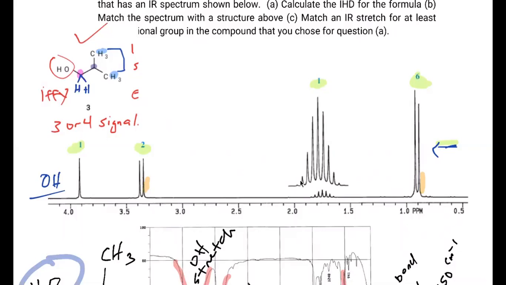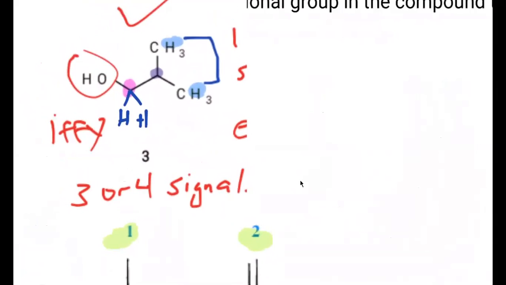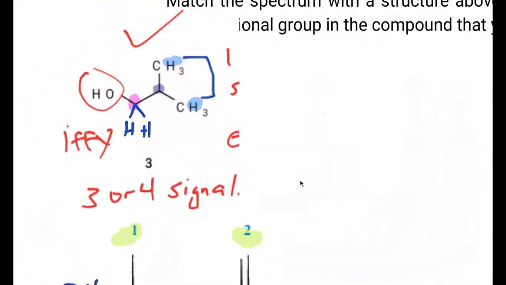So which one of these? What about the blue ones? Are they equivalent? The 2 CH3s that are on that isopropyl type motif right here? Yeah, I would say they're equivalent. Yeah, they are. And that's a total of how many protons? It's a total of 6 protons, is that right? Mm-hmm. So why would it be a doublet? Let's think about that. So right here, there's a hydrogen there, right?